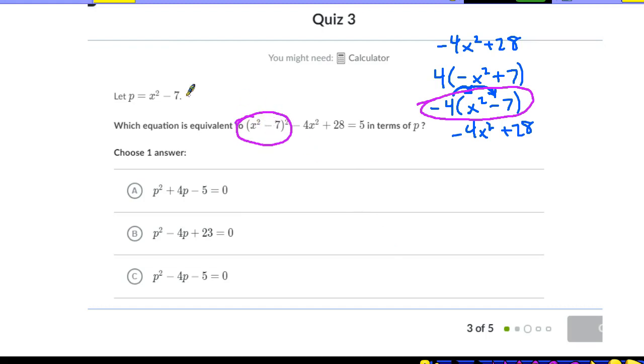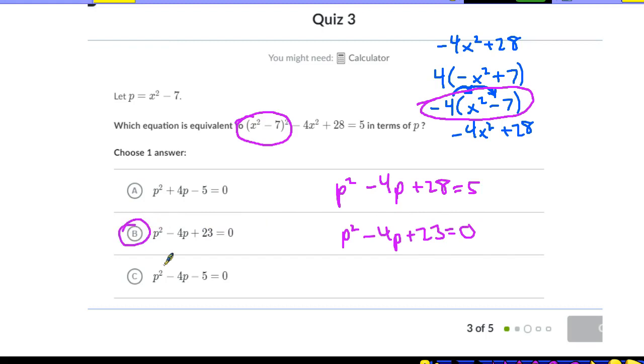So x squared minus 7 is p, and we got to square it, so that'll be p squared. And then x squared minus 7 is p, so it's negative 4p. And then that's plus 28 equals 5. Subtract 5 from both sides, and we get p squared minus 4p plus 23 equals 0.